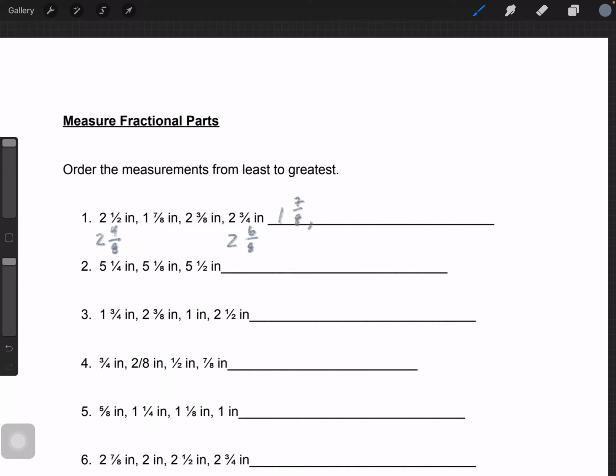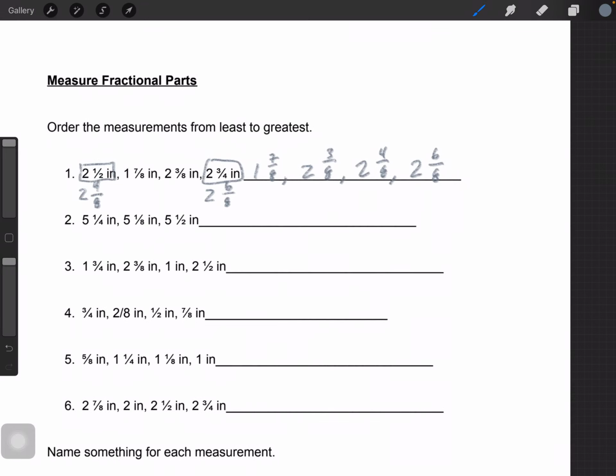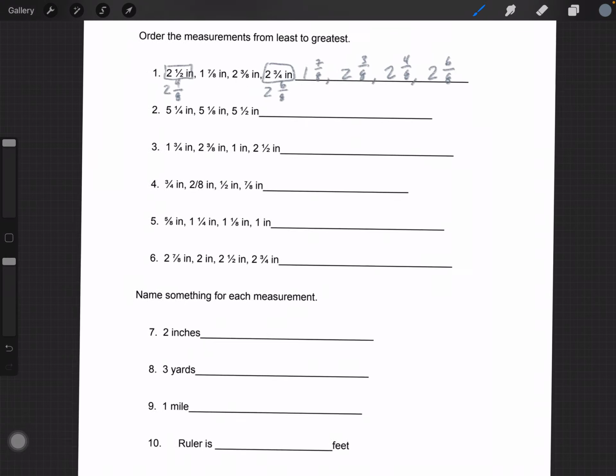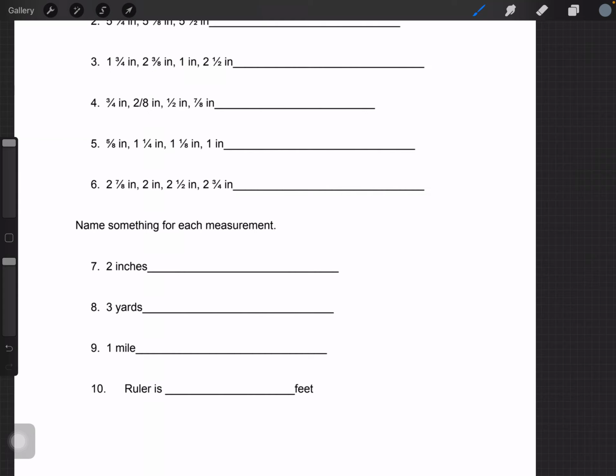The second one is either 2 and 4 out of 8, 2 and 3 out of 8, or 2 and 6 out of 8, and I think that's pretty clear. It becomes 2 and 4 out of 8, and then the largest is 2 and 6 out of 8. Or you could write the original ones, to be accurate to the question. The second part says name something for each measurement.